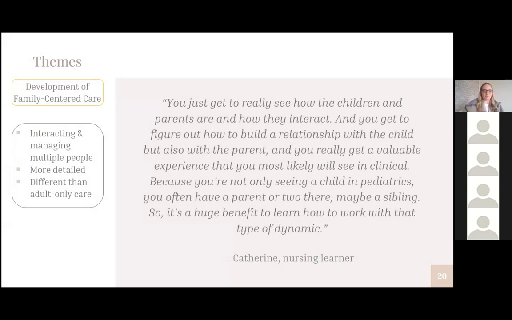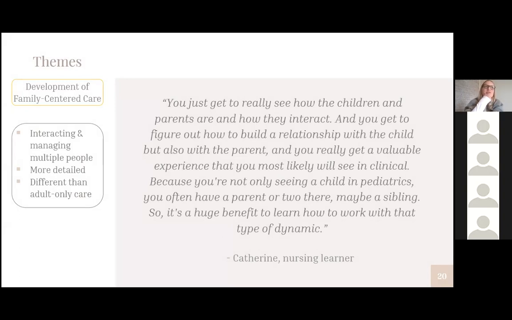The next common theme that emerged was what I identified as being a family-centered care approach. None of the participants used the term family-centered care, but everything that all educators, all parents, and all learners talked about was something that aligned with a family-centered care approach.